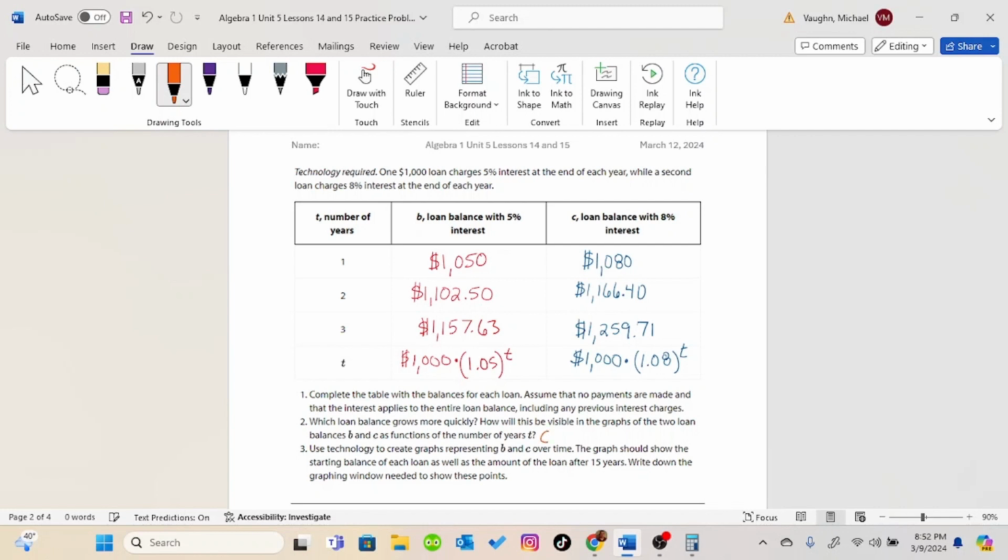So C grows quicker, and will be steeper on the graph.